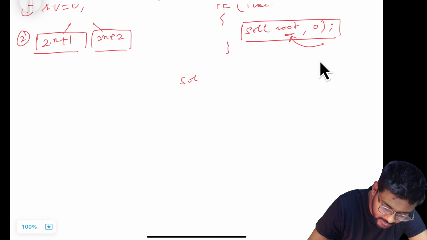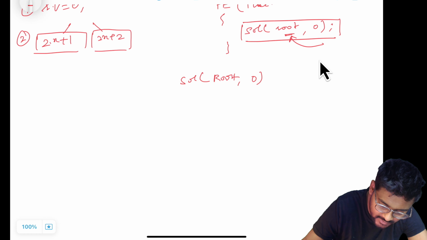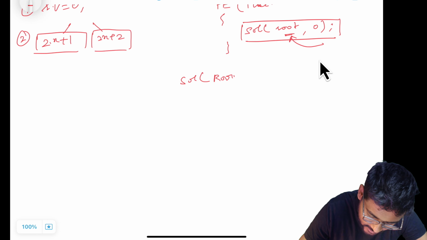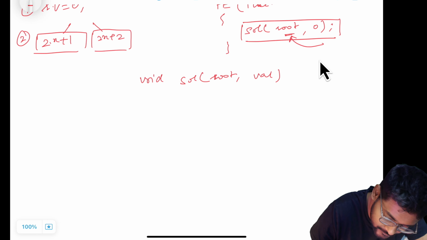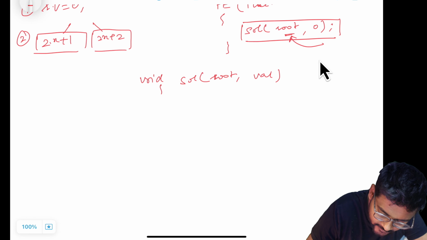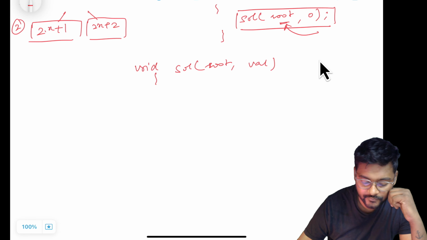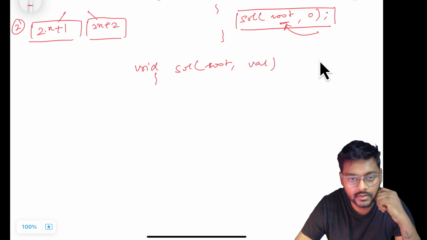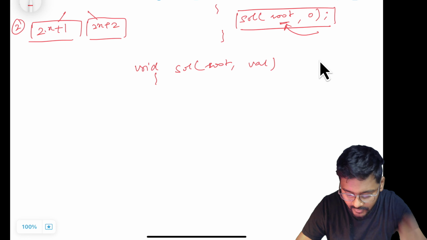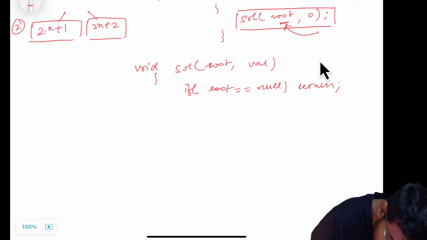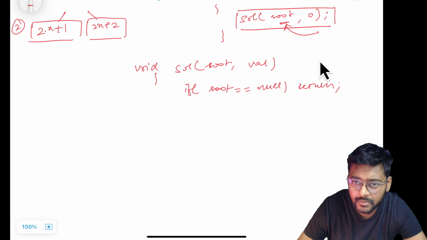So if you try to see, this is root and this is 0. Let me write it clearly. I'm not going to return anything from this function. First of all, if the root is null, then we don't have to do anything. It's a terminating case. If root is null, just terminate.